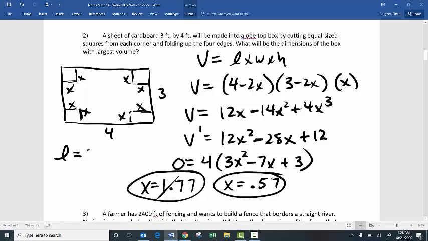You get a length of 2.86. And then you do the same thing with the width. You take 3 minus 2 times 0.57, and you get 1.86. And then we said the height is going to be this 0.57.